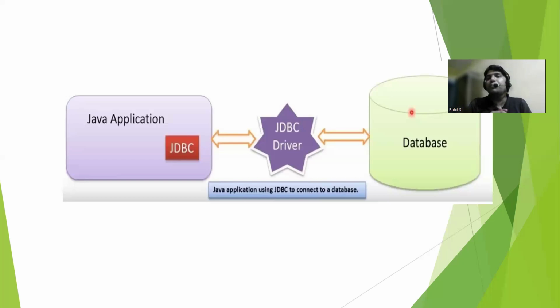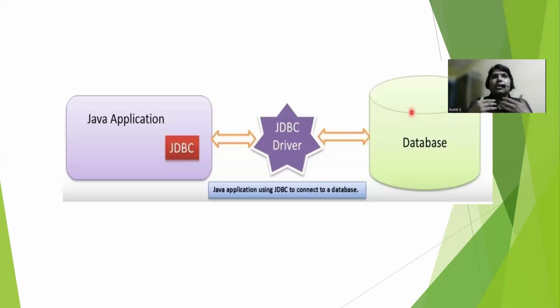And after putting them up, you can have database connections. For that, we require either a statement, prepared statement, or callable statement that you can make use of. With the understanding of all these classes for interaction, you can fire queries, execute queries on the database, and get the result.